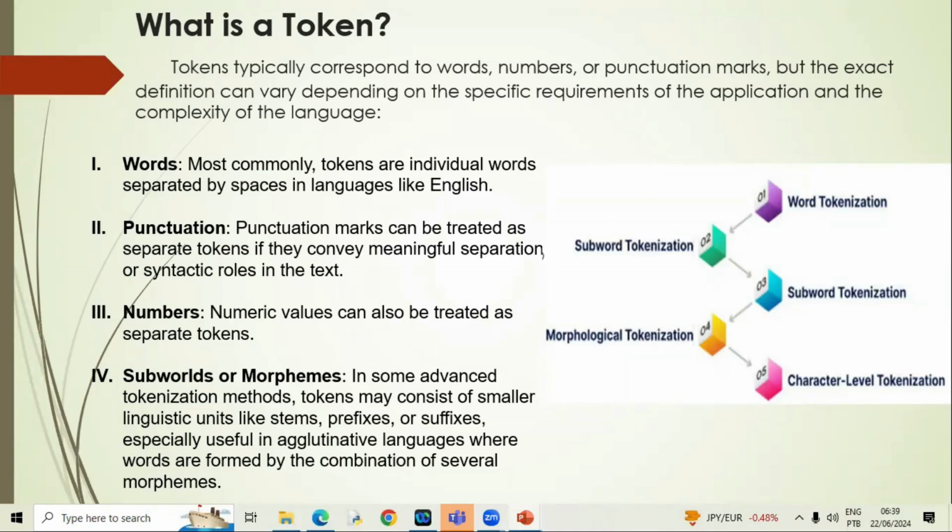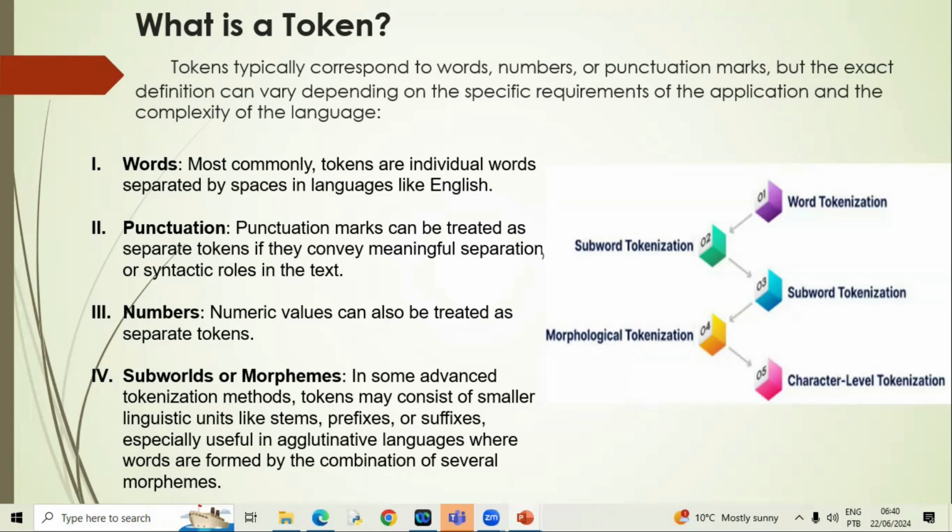So what is punctuation? Punctuation marks can be treated as separate tokens if they convey meaningful separation, like comma, full stop, semicolon, any brackets. All these punctuation marks also can be a token. Any number can also be a token, like if somebody says my age is 15, or if somebody is answering in a point manner, like 1, 2, 3. So anything can be a token.